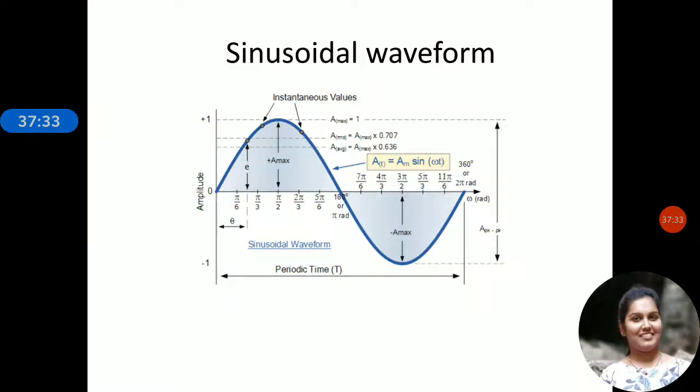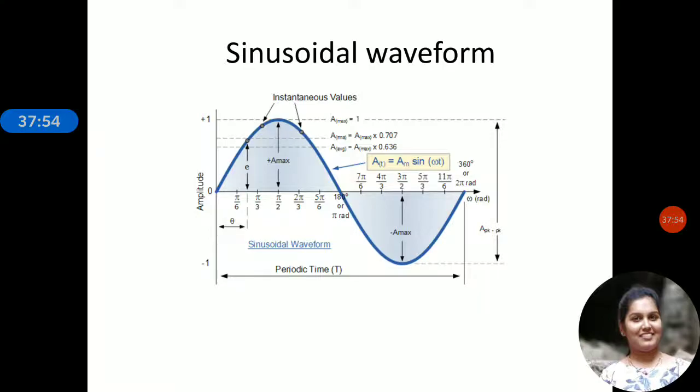These values will be in the negative direction, which is very much symmetrical to the positive half that is being generated. The point to be noted in this diagram is that the maximum amplitude is given as 1. We have taken it as 1.